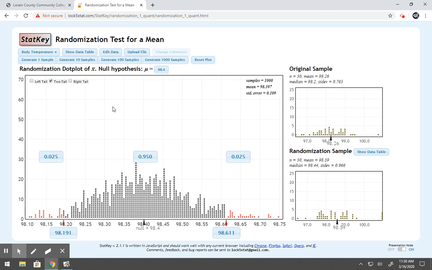I don't care if it's bigger. I just care that it's a certain measurement of error away from, again, the null center. Left tail, less. Right tail, more. Two-tail, less or greater.